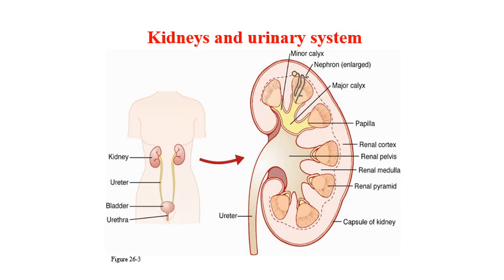So as you can see here, the cross section of the kidney also shows these pyramidal structures that the medulla is composed of. The pyramids have a base and a tip.